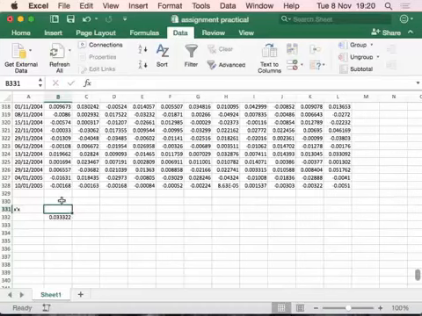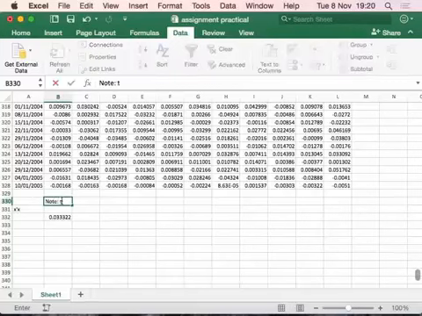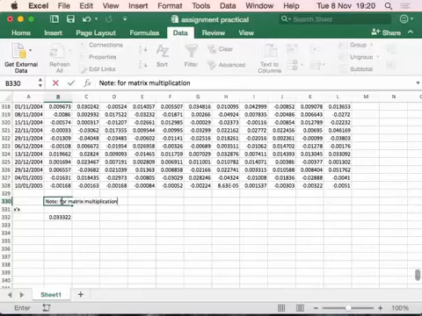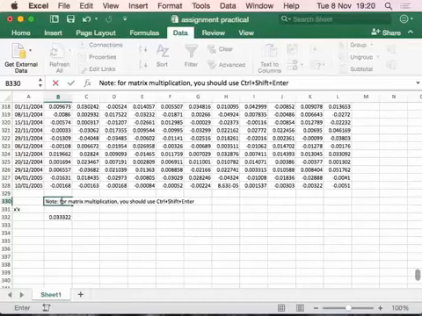Right, so what to say? That's fine. Combination to complete the computation or something like that.